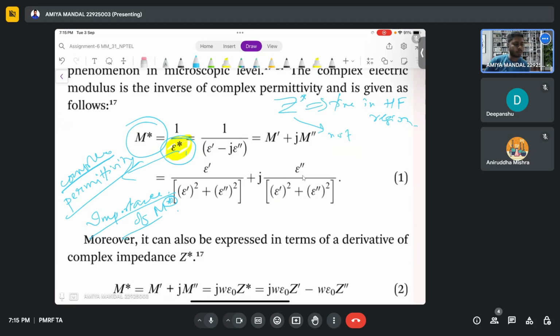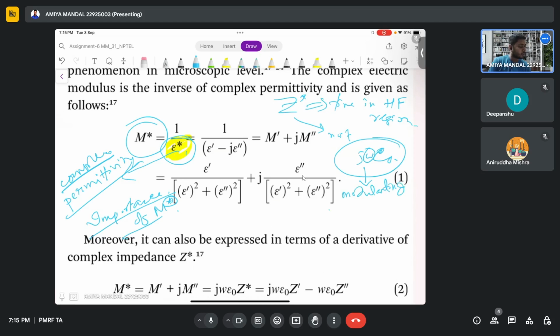That's why we modulated the impedance spectroscopy value to some extent with the multiplication of j omega C naught, so we are multiplying by the omega value.